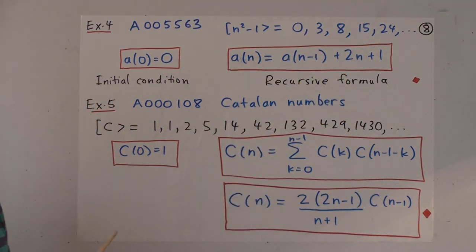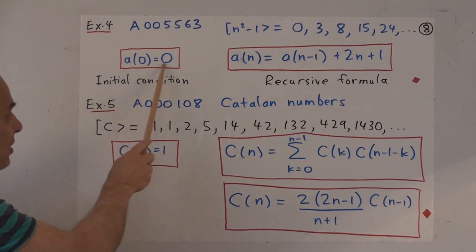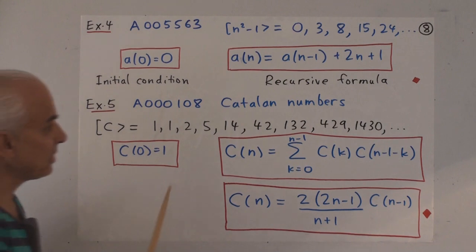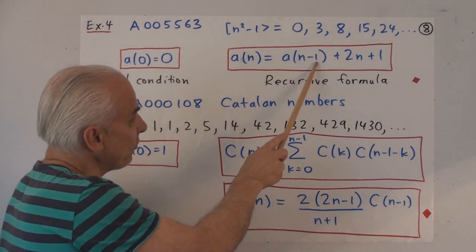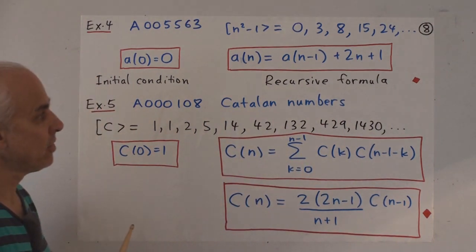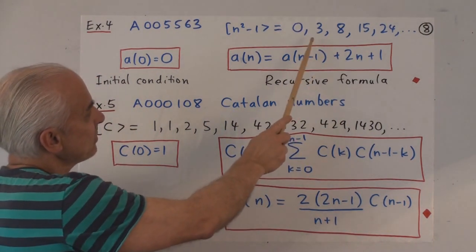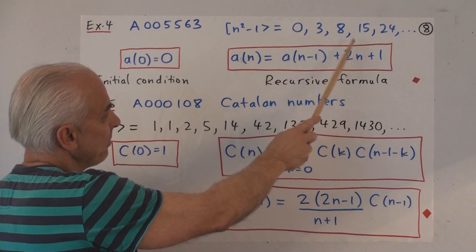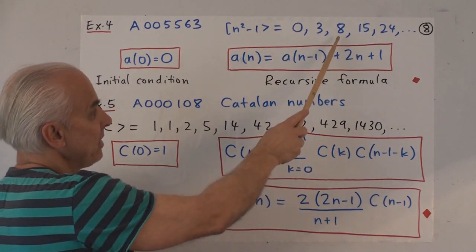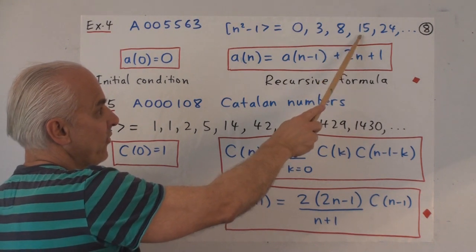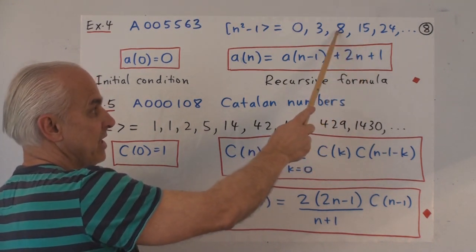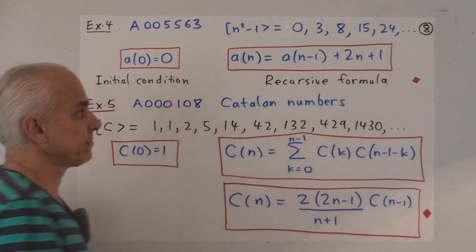This turns out to also have a recursive definition, a single initial condition of a0 equals 0, and then the condition that an equals an minus 1 plus 2n plus 1. So for example, that's number 0, that's number 1, that's number 2, that's number 3. So for example, a3 will be a2 plus 2 times 3 plus 1. So 15 is 8 plus 6 plus 1.